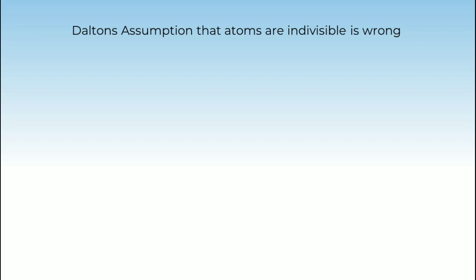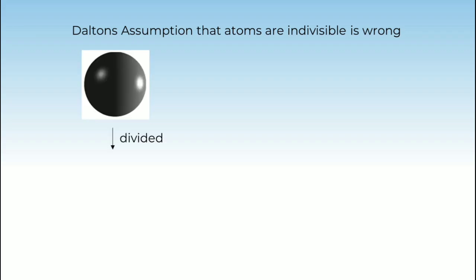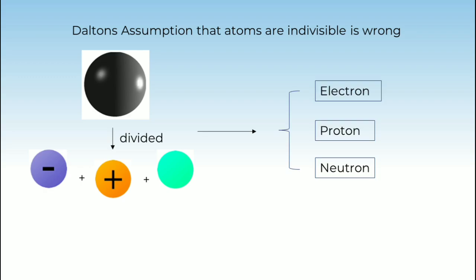This concept is very different from the Dalton atomic theory. Dalton assumed that atoms are indivisible, and that concept was wrong. It was proved that the atom can be divided into electrons, protons, and neutrons.